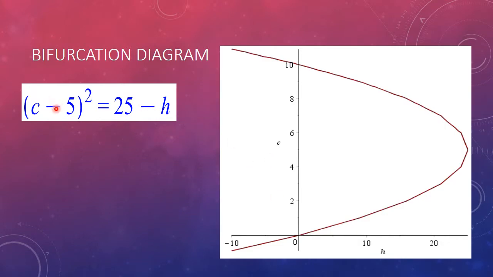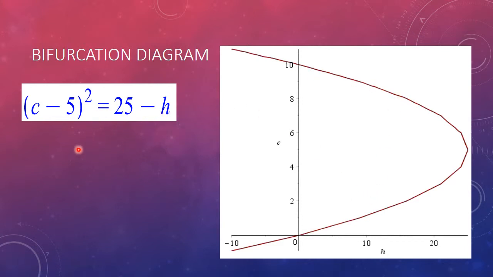So basically I'm graphing over different values of c. I'm changing c and h at the same time and making a graph. And this gives me this parabola type shape. So h goes from minus 10 to out here 30, and my c's are going from minus values all the way up to maybe 10, 11, and I'm plotting these points as it comes out.